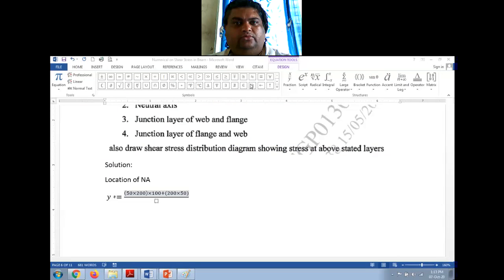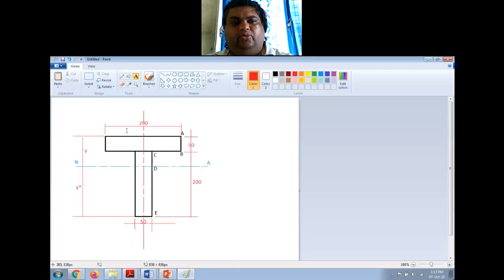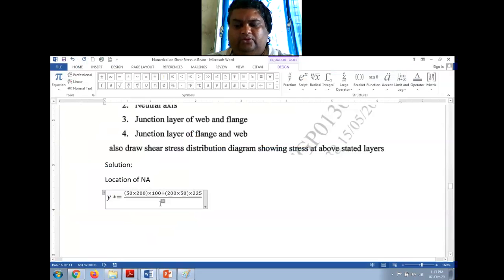So into 225 divided by, see both the areas are same, 200 by 50, 200 by 50. So I'll write it into 200 into 50. Okay, that is my area.